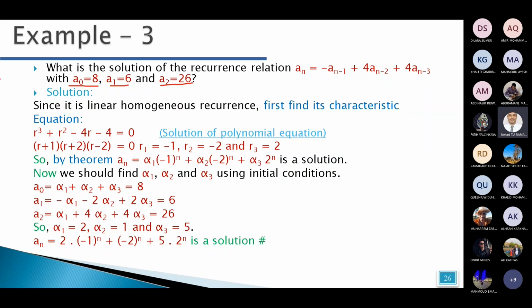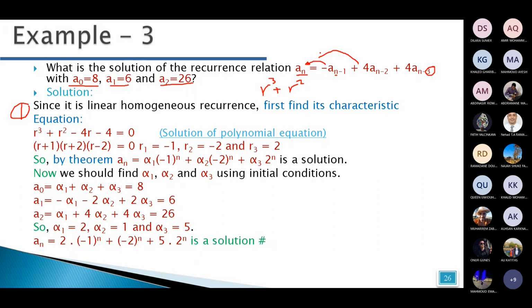So, same idea. First, find the characteristic equation. What's the characteristic equation? R, here it's power 3, so R power 3. This minus goes there as plus, so plus R power 3 minus 1, it becomes 2.